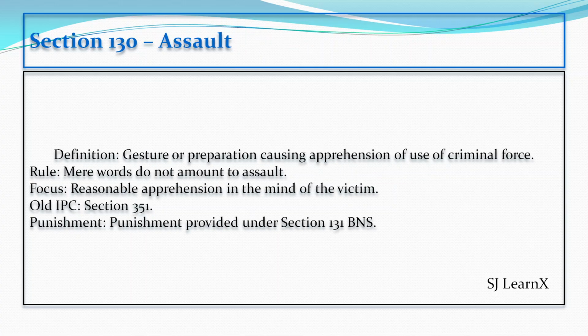Now let us look at section 130, which deals with assault. Assault does not require physical contact. If a person makes a gesture or preparation which causes another person to apprehend that criminal force is about to be used, it amounts to assault. Mere words do not amount to assault, but words combined with gestures can.